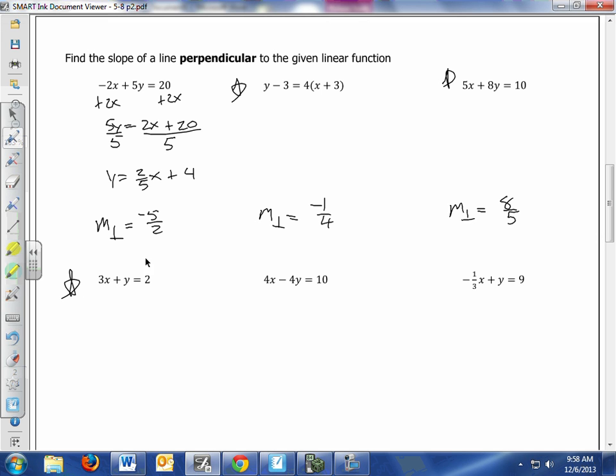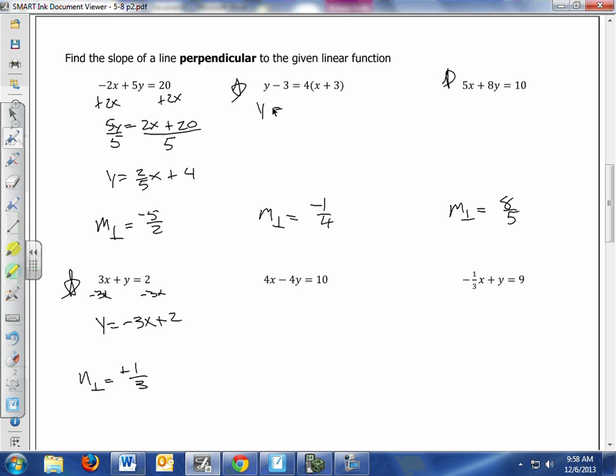Mr. Victoria, did you get this one? You are almost there. The only problem is when you solve for y, you get negative 3x plus 2. So this has to be positive 1 over 3. Okay? But good job, you guys.